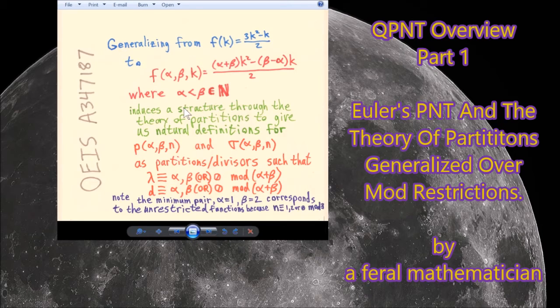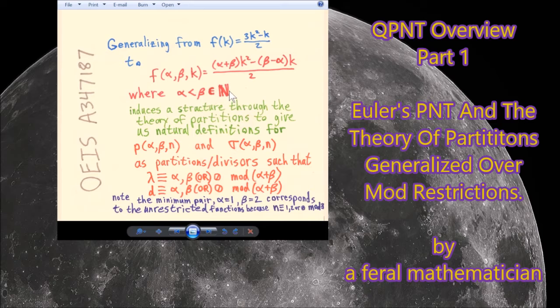So quadratic polynomial number theorem generalizes Euler's pentagonal number theorem by substituting this quadratic for the standard quadratic, and then taking this over the parameters alpha, beta, where alpha is less than beta, and both alpha and beta are elements of the natural numbers, meaning 0 is out of the picture at the moment, and so is alpha equals beta.